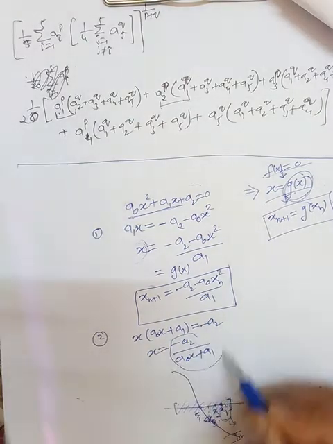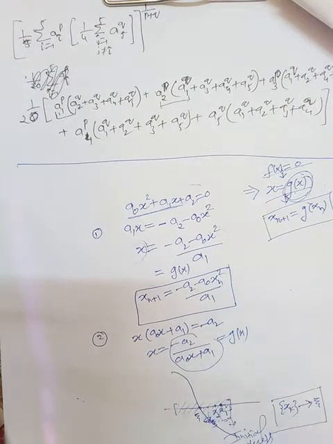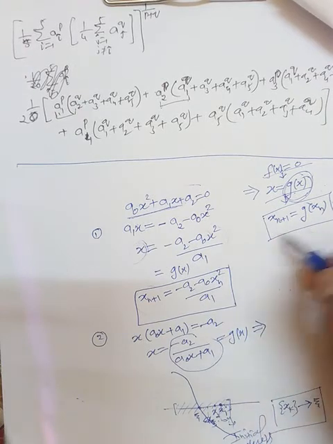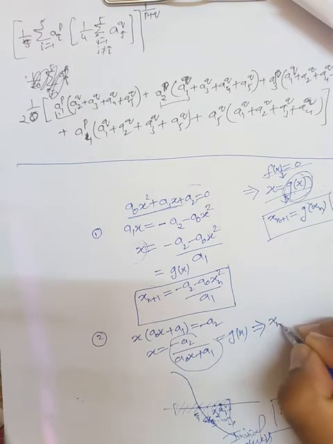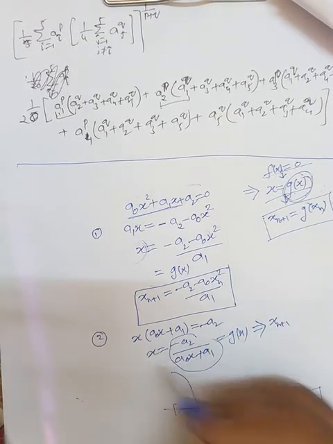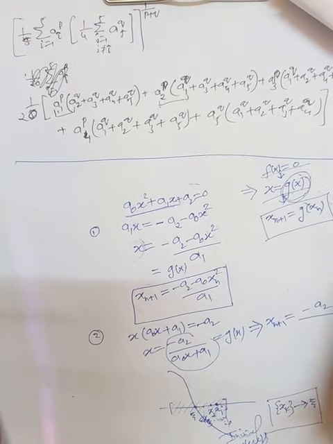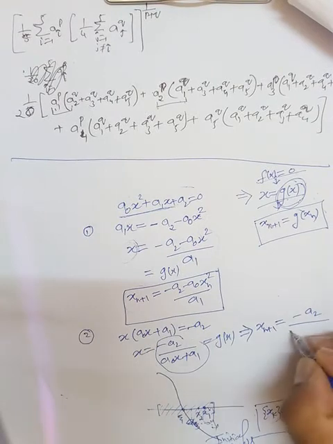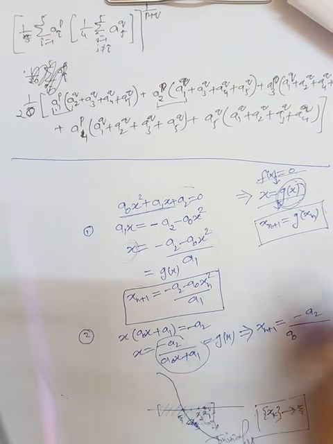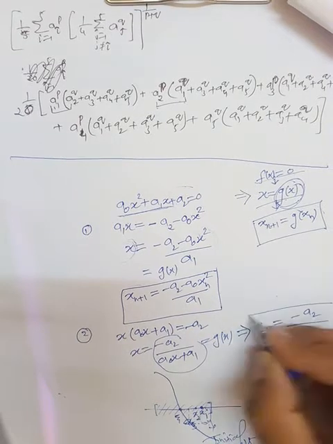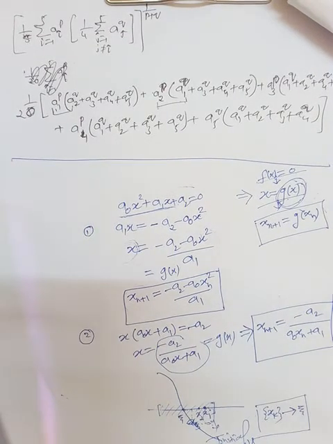Now this is your g of x. And now convert this into iterative form. So xn plus 1 is equal to minus a2 divided by a naught xn plus a1. This is another form.